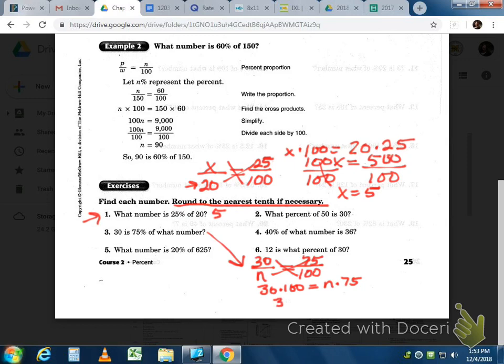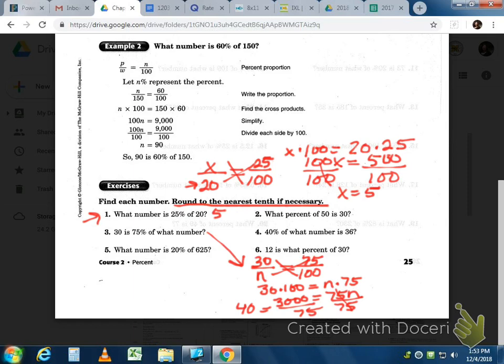So this would be 3,000 equals 75N. Divide both sides by 75. N equals 40. Is it 40% or 40? 40.